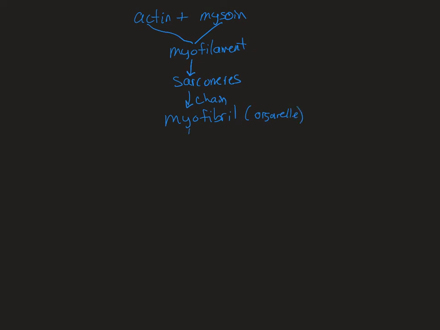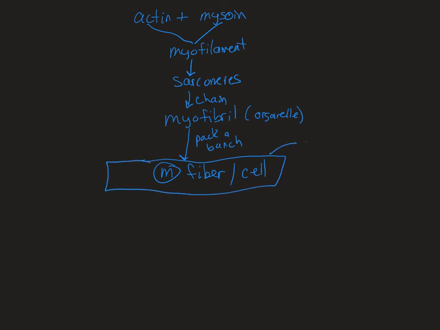Now, if you pack a bunch of myofibrils together and you wrap them all up, you get a muscle fiber, which can also be called a muscle cell, okay? Now, the muscle cell has wrapped around it its sarcolemma.